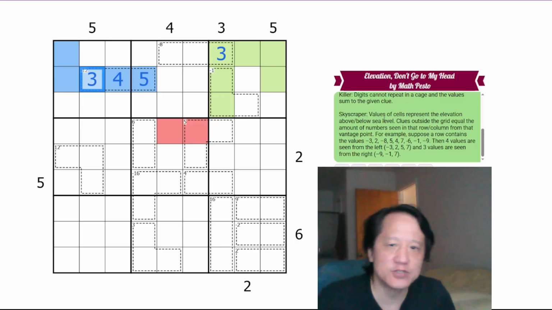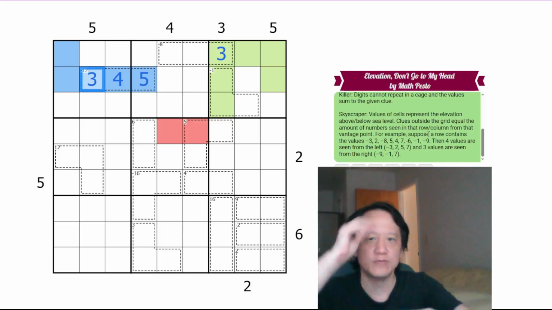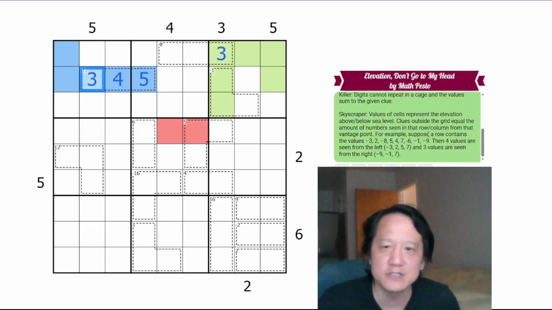We have skyscrapers, where values of cells represent the elevation above and below sea level. Clues outside the grid equal the amount of numbers seen in that row or column from that vantage point.